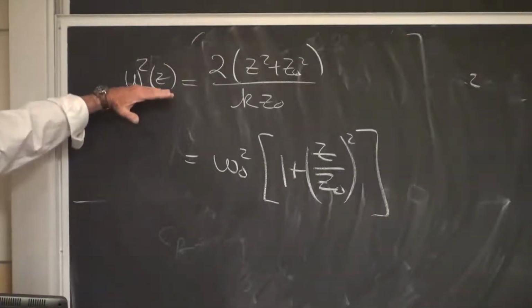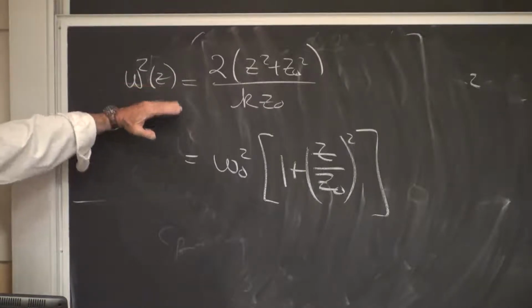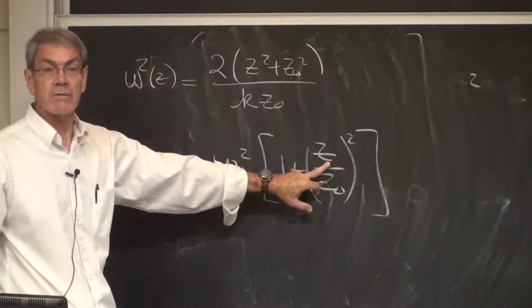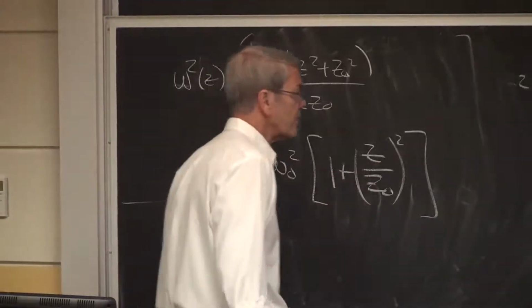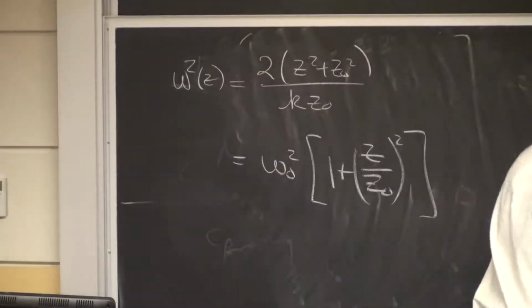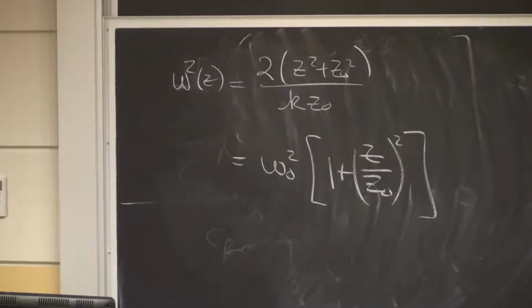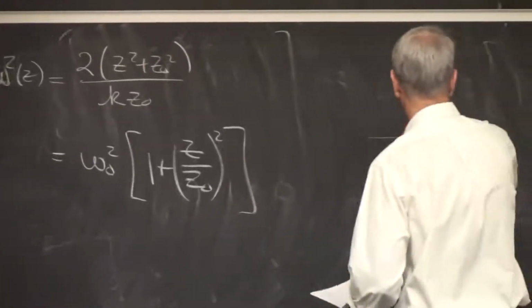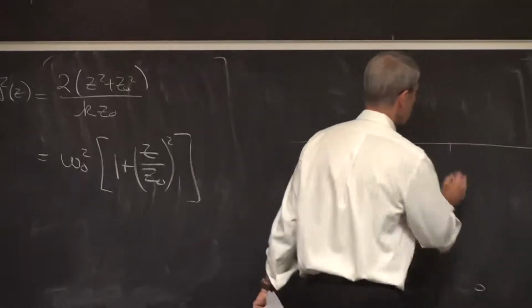So this says the size of the beam is going to grow as z increases. And if I were to plot that, notice this quadratic squares, so it's always positive. If you make a plot of your beam size, here's the z-axis, here's 0.